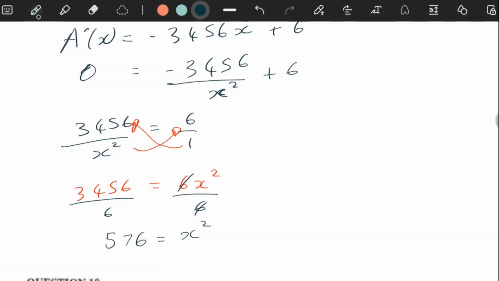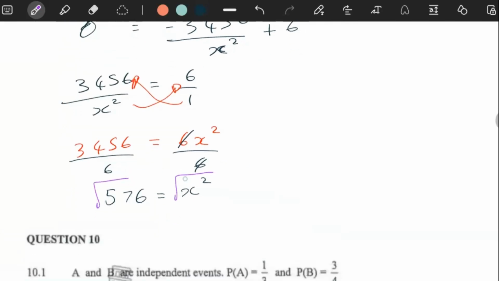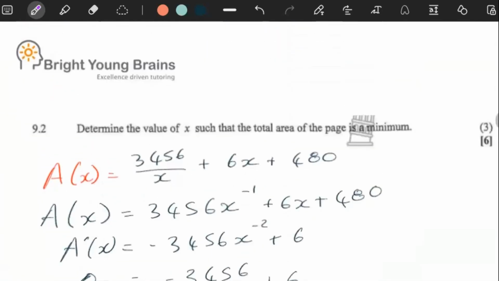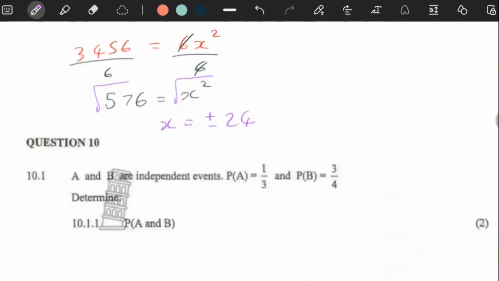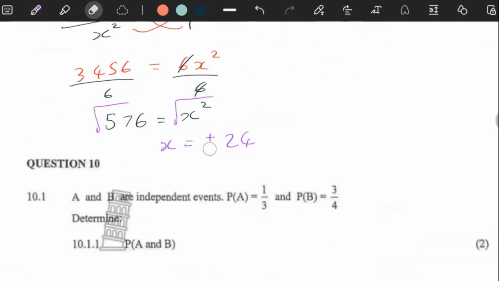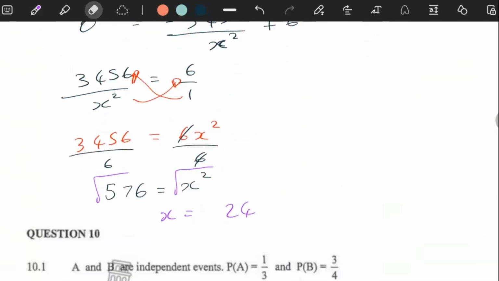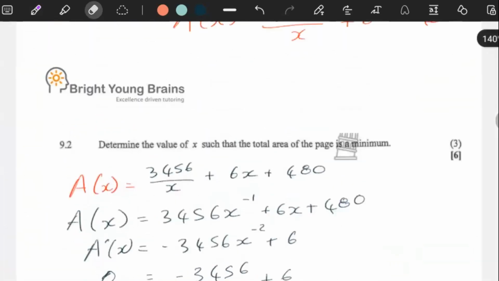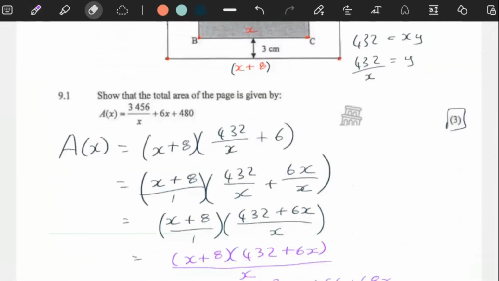And then if you square root both sides, x is equal to plus or minus 24. Now, logically speaking, x is a length, so it cannot be negative. So x is 24.